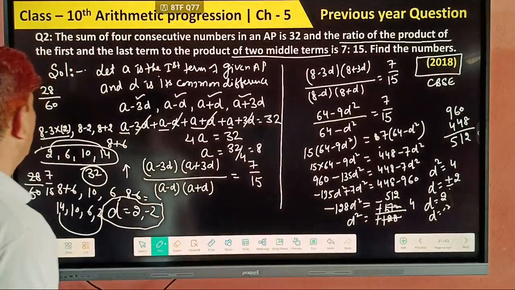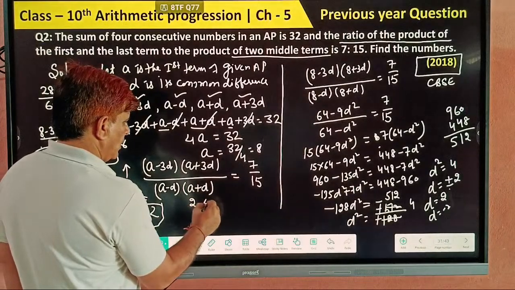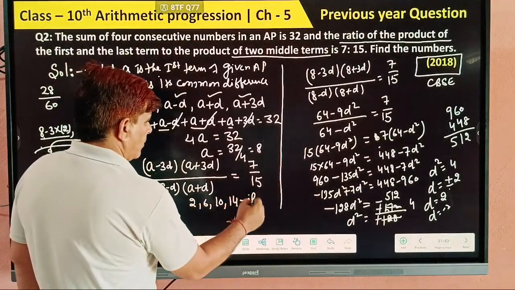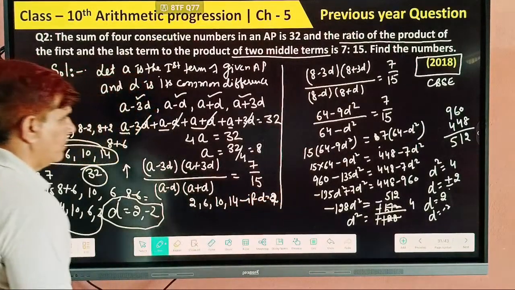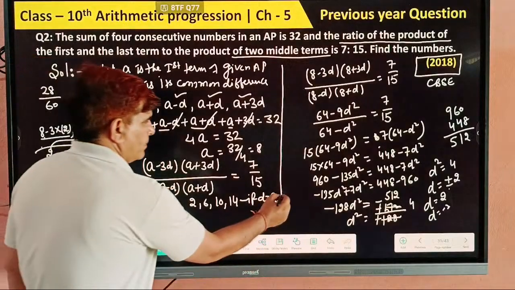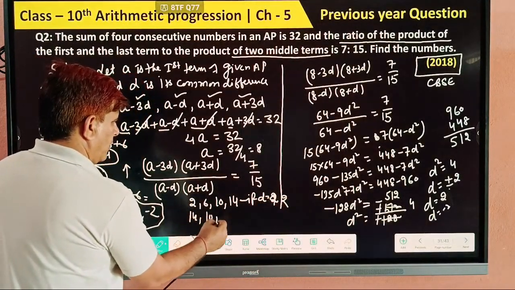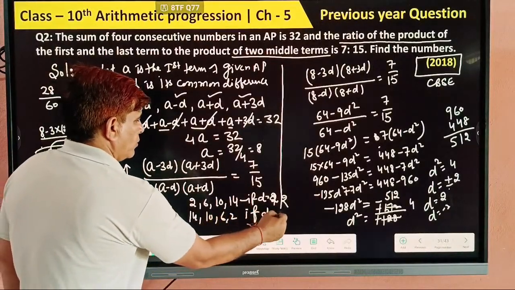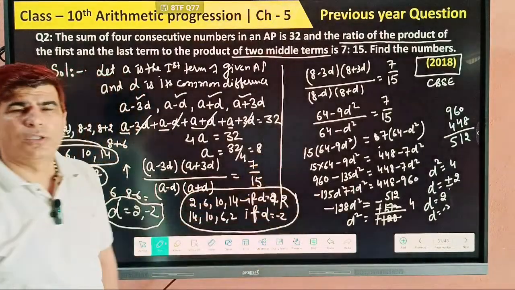So the first four terms are 2, 6, 10, 14 if d equals 2, and 14, 10, 6, 2 if d equals minus 2. So this is the solution of it.